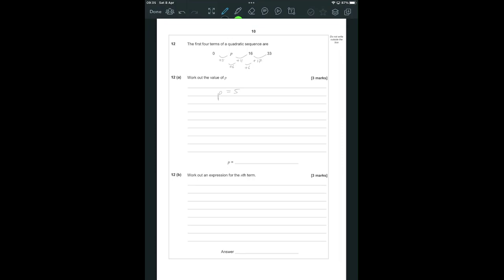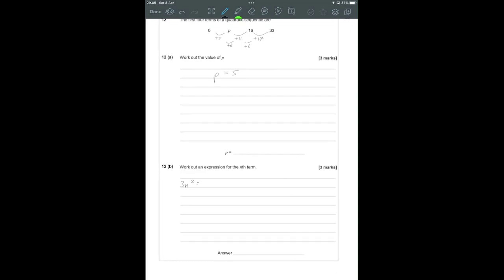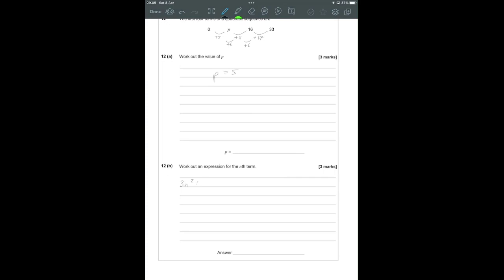We've already done a bit of work because we found the common second difference. So with the second difference of 6, we have to have a 3n squared. So I'm going to write out the 3n squared.